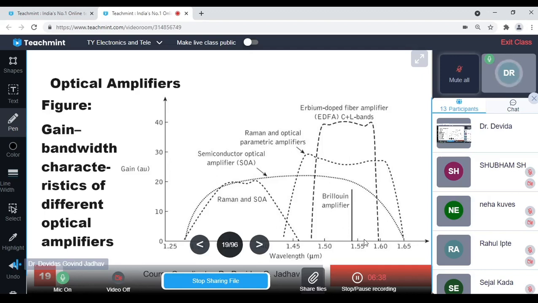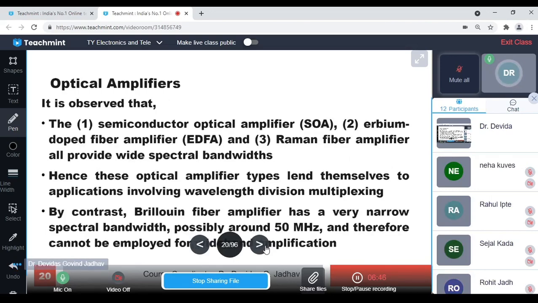But the Brillouin amplifier, as you see, has a very narrow bandwidth, of the order of 50 megahertz only. So SOA, erbium doped and Raman amplifiers have very wide spectral bandwidths, and these can be used as optical amplifiers, and those amplifiers can allow wavelength division multiplexing. Okay.